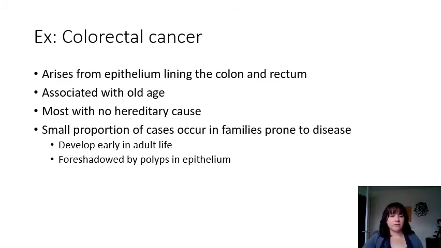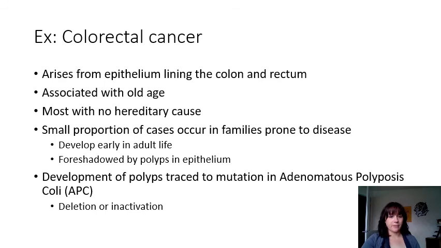So these people, because there's a genetic cause for this that's inherited, they tend to get this cancer earlier in life, and they can identify that these people are likely to get cancer due to polyps or overgrowth of cells in the epithelium.